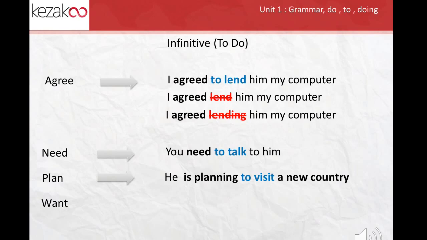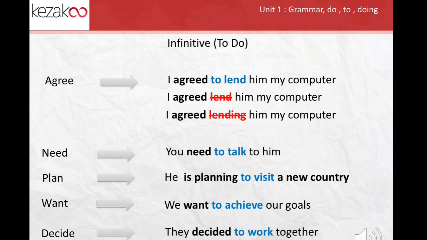Want. We want to achieve our goals. Decide. They decided to work together. So those are examples of verbs that are followed with verbs in infinitive with the form of to do, to lend, to talk, to visit, to achieve, and to work.